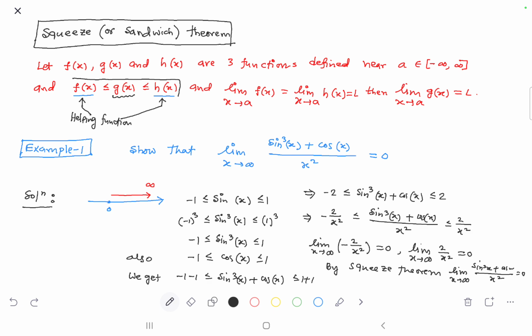So let me give you one more example. Example 2. The squeeze theorem is a very powerful theorem.